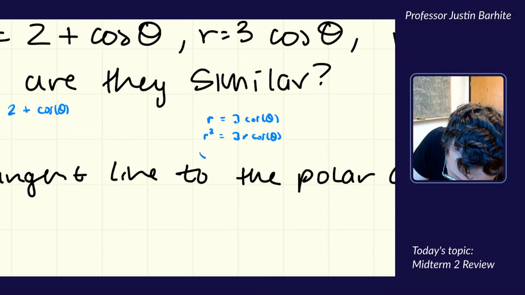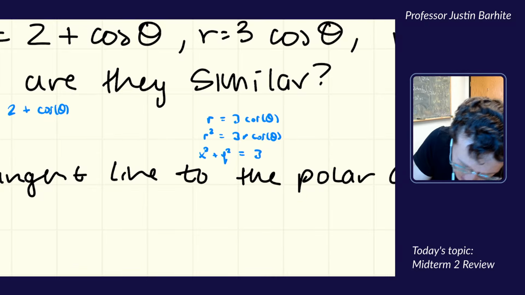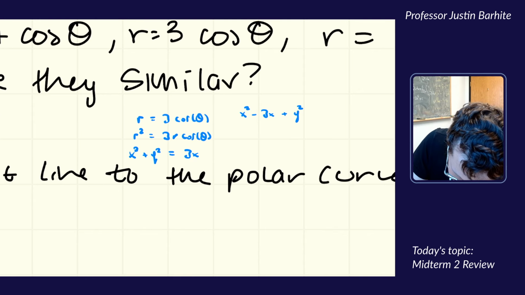So r squared is x squared plus y squared, and then r cosine theta is x. So I have x squared minus 3x plus y squared equals 0.